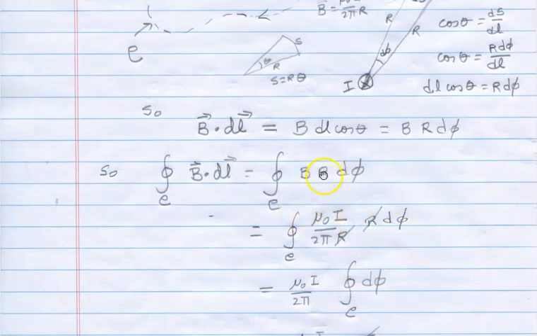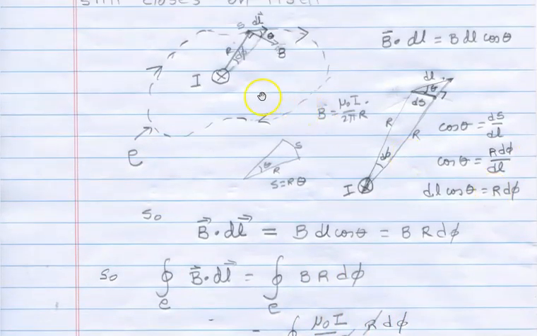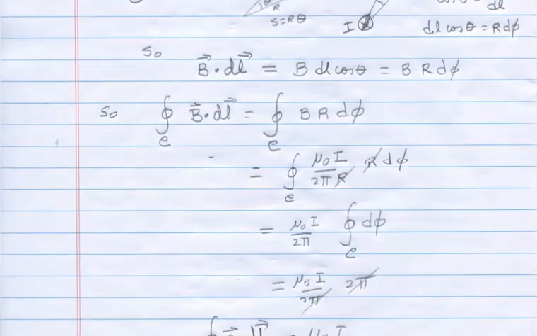And again, the r's go out, which is nice, right? Because now it doesn't really matter which piece I'm looking at, because as I go around, different dl's give different r's, but they'll just be canceled out. At each point, I'll have an r on this side. This may be larger or shorter, but the r's will always cancel.